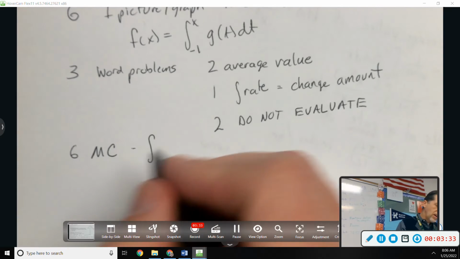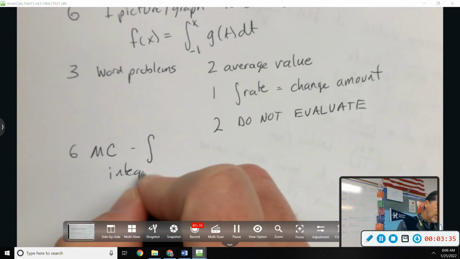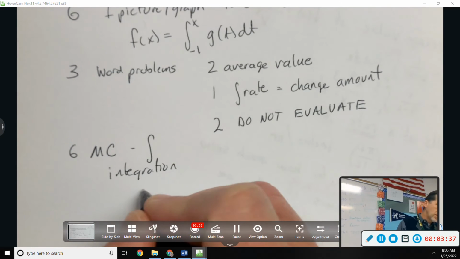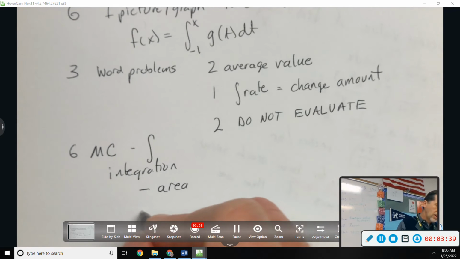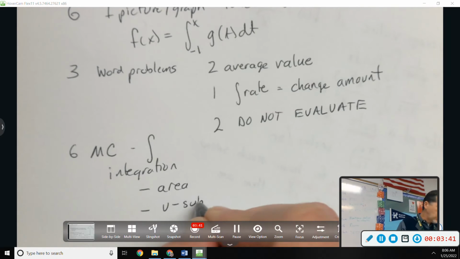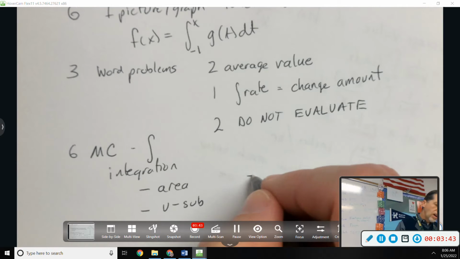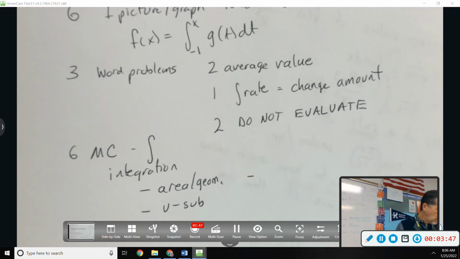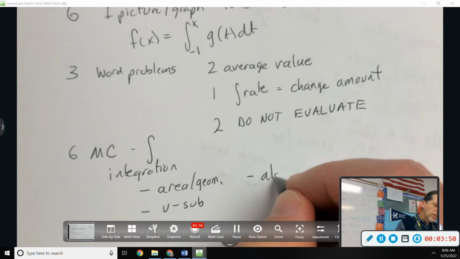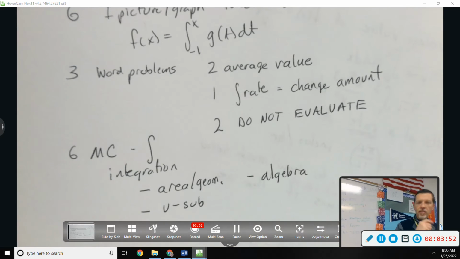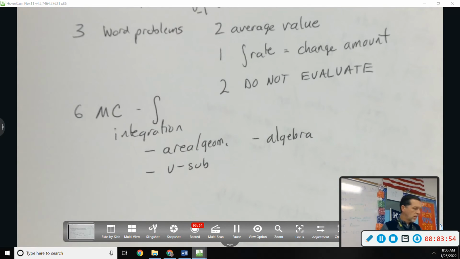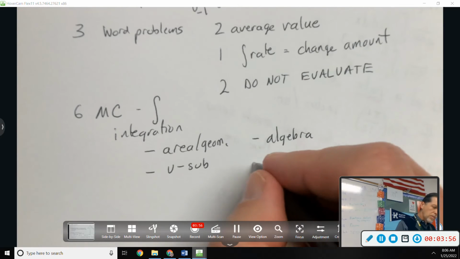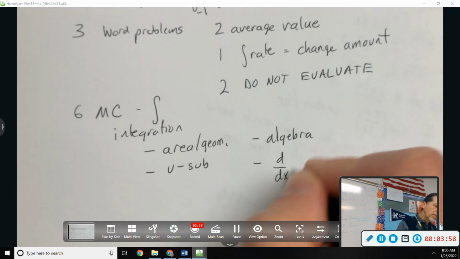But integration, that's kind of a broad term because sometimes you do it by area, sometimes it requires U substitution, sometimes by area we mean like geometry. Sometimes we do algebra first, like the warm-up. Sometimes we take the derivative of an integral.